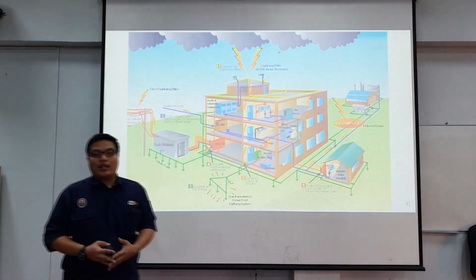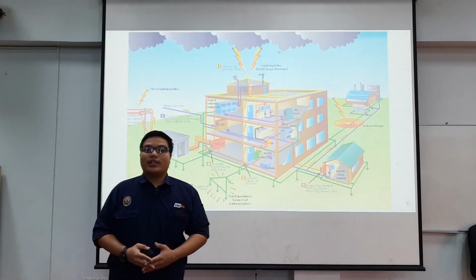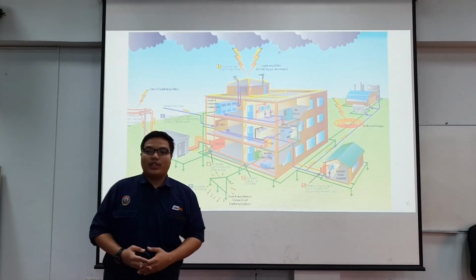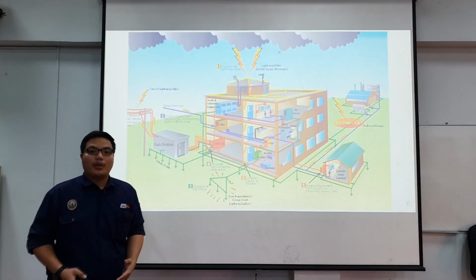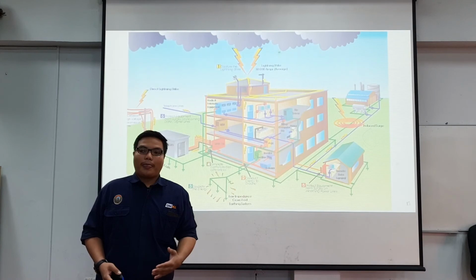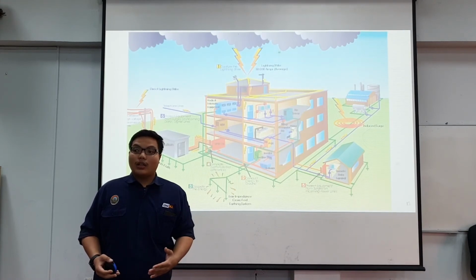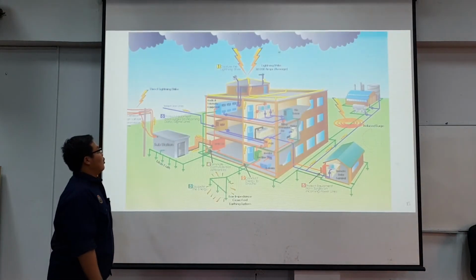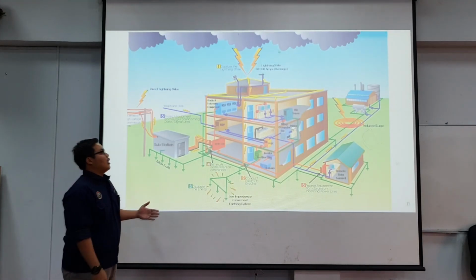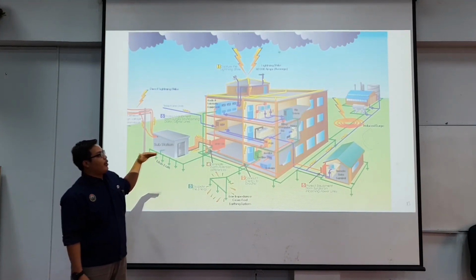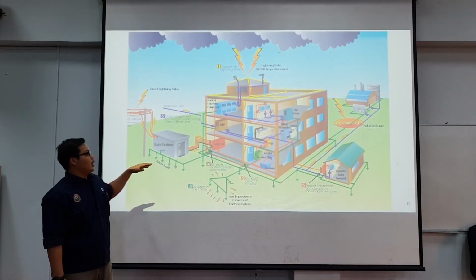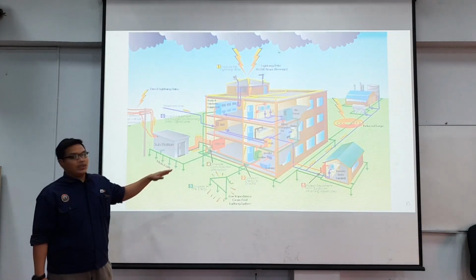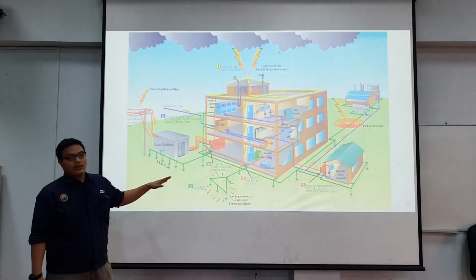As has been said, lightning strike will come in two methods, which is direct and indirect. For the direct strikes, it means that it will strike directly to the buildings, to the equipments, or to the power stations on the ground.